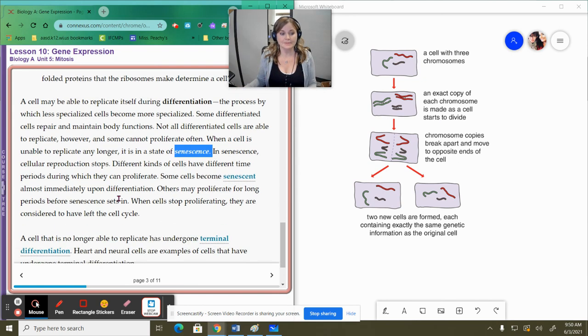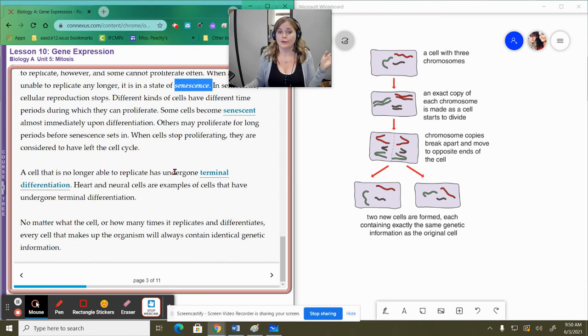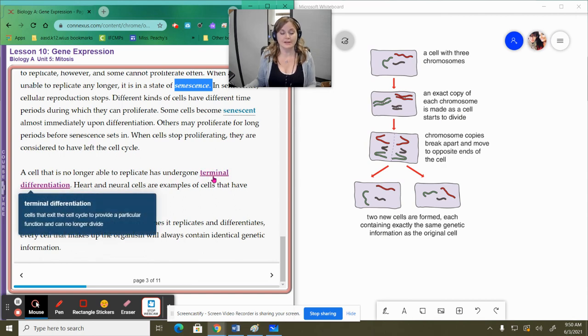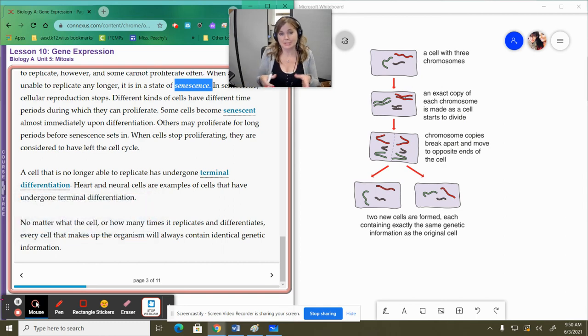When it becomes completely permanent, where it cannot do it anymore and can no longer go back to active replication, then we say it has undergone terminal differentiation. So senescence may just be a holding pattern where it's not currently dividing, but it could potentially do it in the future. But once it's no longer able to anymore, we say it's undergone terminal differentiation.